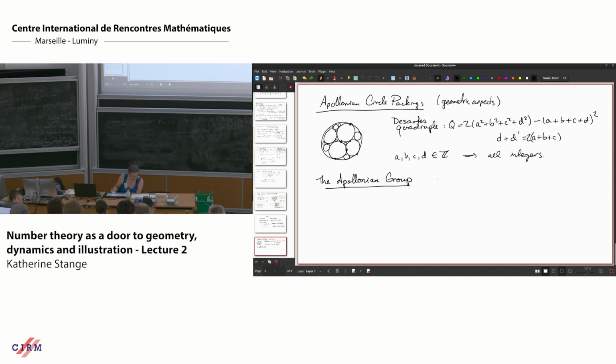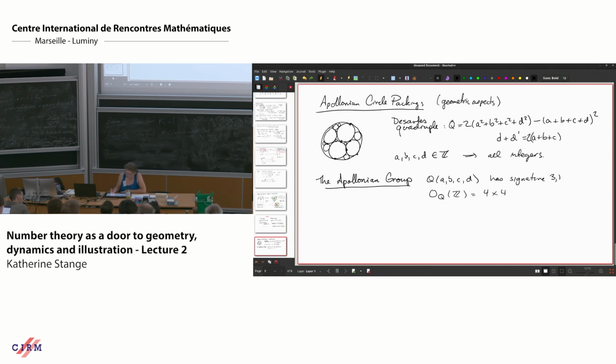So the Descartes form says Q equals 0. So as a quadratic form in 4 variables, this guy has signature 3,1, which tells us that Minkowski space is going to appear again.